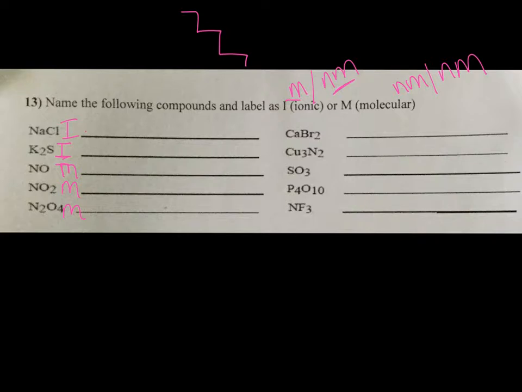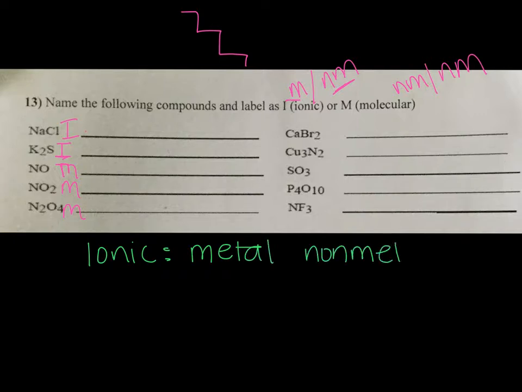You kind of already heard me say them. When you are naming your ionic compounds, you're going to go metal, and then you're going to say your nonmetal with an ide ending. So here my metal was sodium, my nonmetal was chlorine, but we're going to take off the ine part and make it chloride.